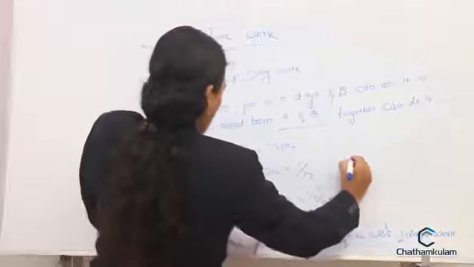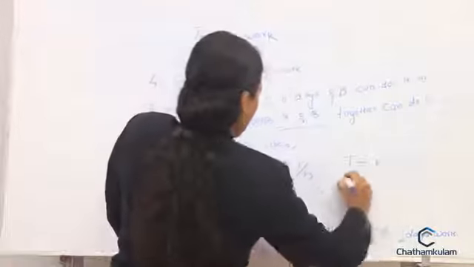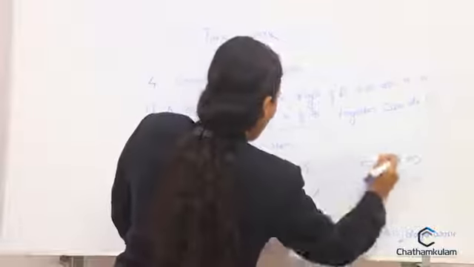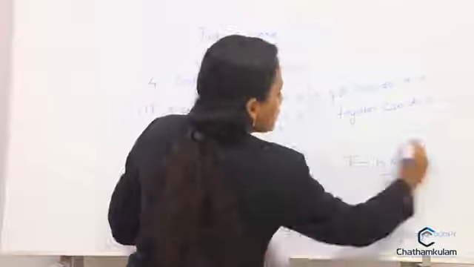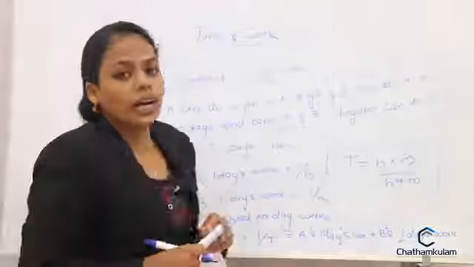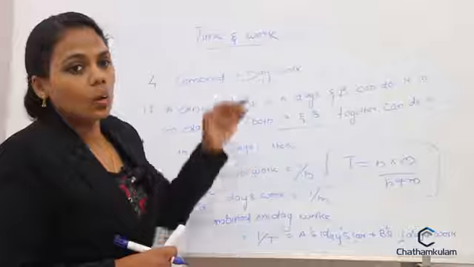So the equation will be T equals N into M divided by N plus M. This is the equation for combined work. This is the fourth rule for calculating working time and days.